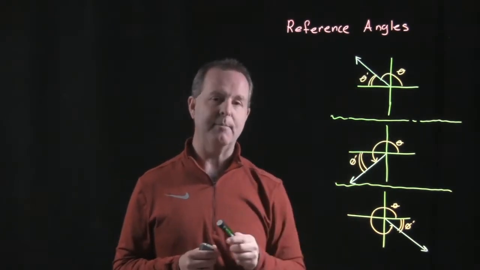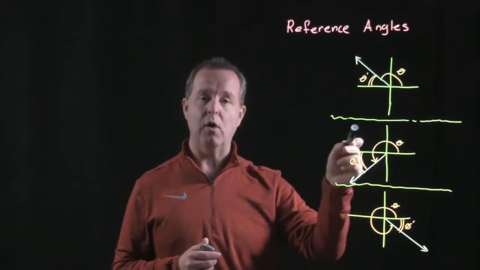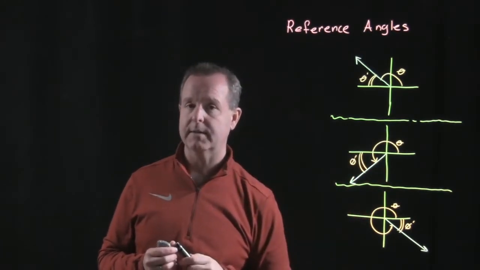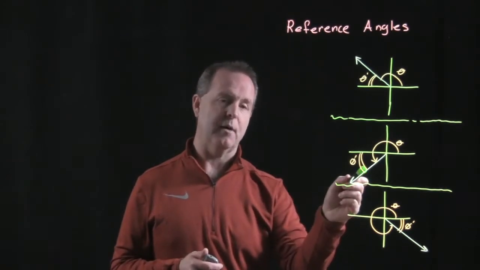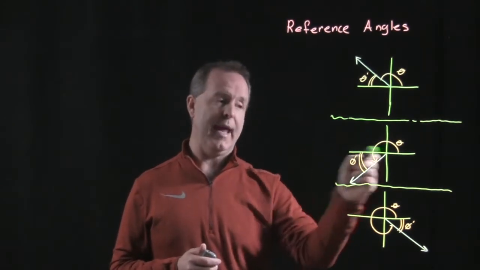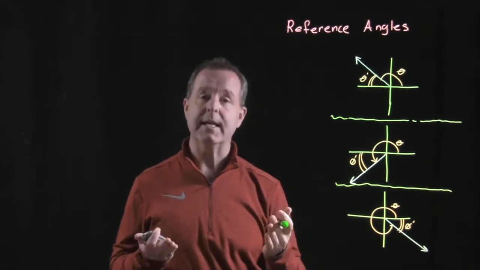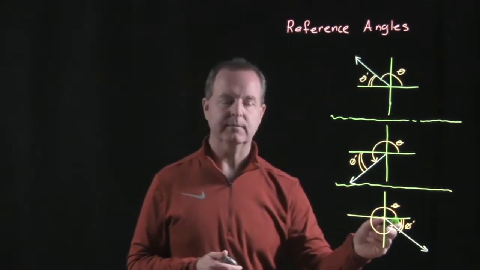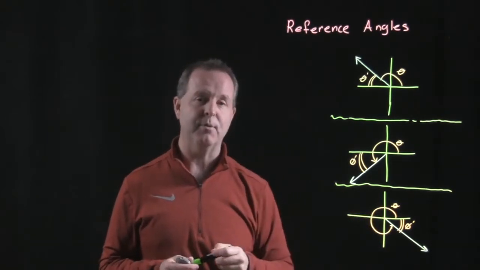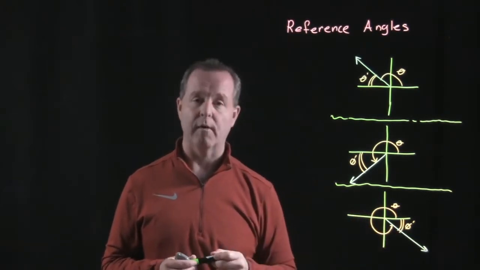In my second example, I have a theta that's swept all the way out into the third quadrant. My reference angle then would be the distance from my angle back up to the x-axis. And notice again, that's an acute angle. Then similarly, in my last example, I have an angle swept out into the fourth quadrant.